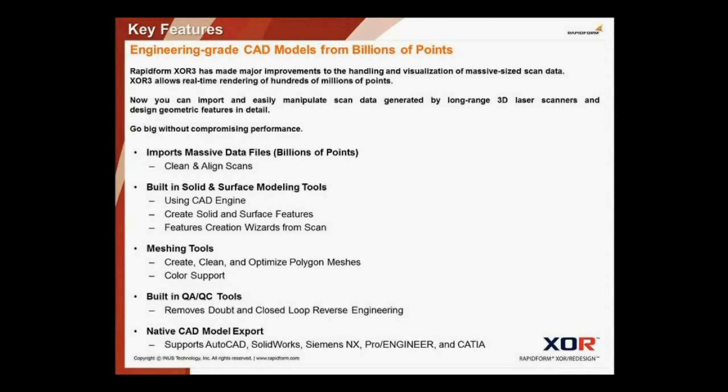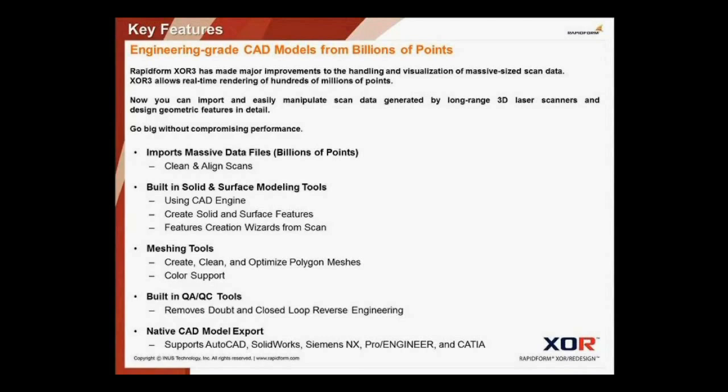And we also have the QA/QC tool. That means we can also check the deviation between the scan data and the reverse engineered model. Or if you do a CAD refit and you already have CAD data, we can import the CAD data and import the scan data and compare. And then where the CAD data is deviating from the scan data, you can locally redesign the CAD data to fit the scan data again.